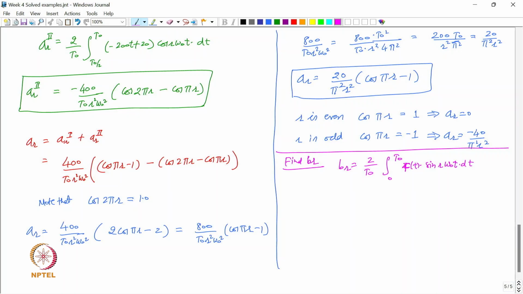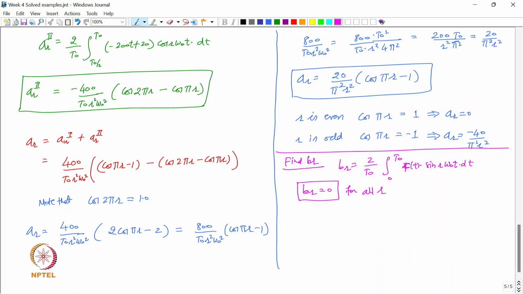Now we can go through a similar process as we did for AR, and you would find that BR is actually 0 for all values of r.